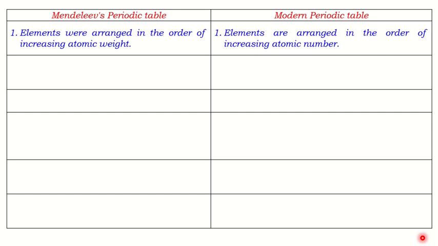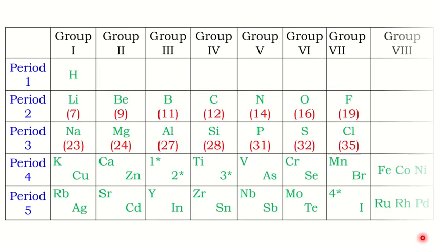Now let's have the old periodic table and the modern periodic table, and then this point can be understood. This is the Mendeleev periodic table. Here elements are arranged in the increasing order of their atomic weight. Lithium atomic weight 7, beryllium 9, boron 11. In this way, carbon, nitrogen, oxygen, fluorine, etc. In another row also the same.